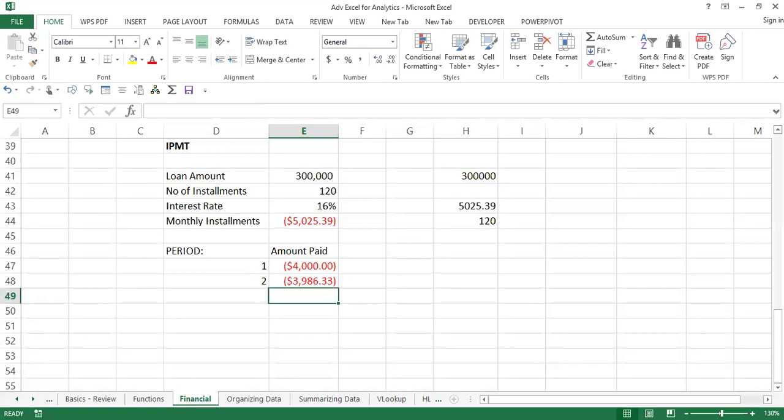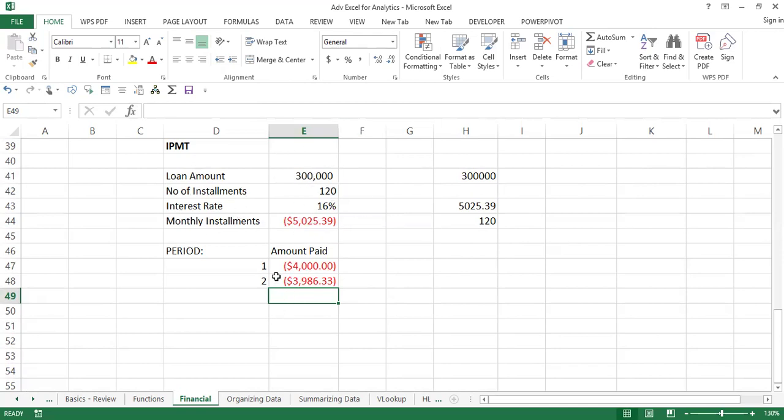Come again. I didn't get that. If you are calculating the IPMT, it has to be on monthly calculation, right? Yes. We are using this example, and it's based on monthly.